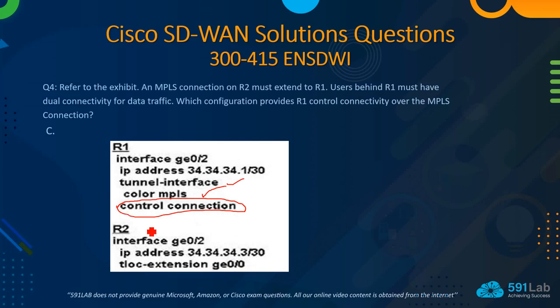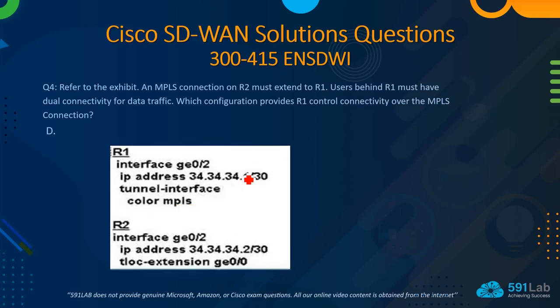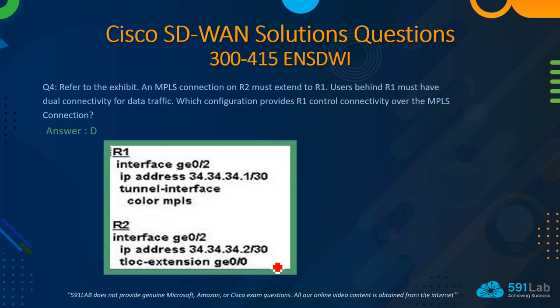For R2 it looks fine, TLOC extension and then the interface. So this is the only thing that makes the syntax not correct. Let's move to D. As you can see here, we have the tunnel interface, which is correct, the color MPLS, which is correct, and we have the TLOC extension of gig 00, which is correct. So the correct answer should be D.